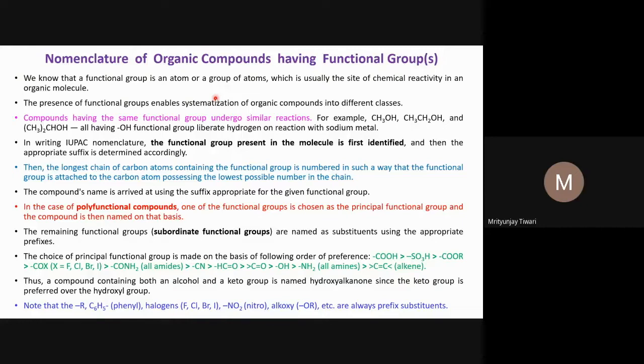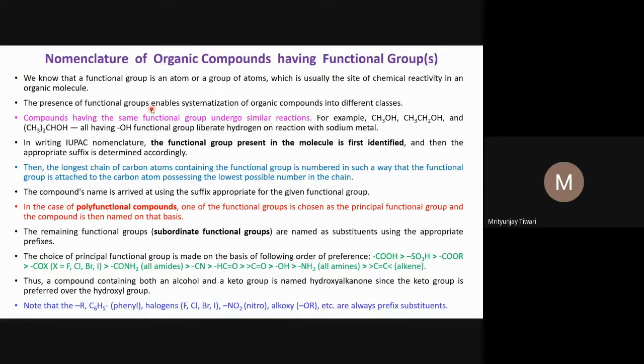Other than alkene and alkyne, all functional groups contain heteroatoms, which could be nitrogen, oxygen, phosphorus, sulfur, or fluorine, chlorine, bromine, iodine, and so on. The presence of functional groups enables systemization of organic compounds into different classes, since they follow the same reactivity pattern.